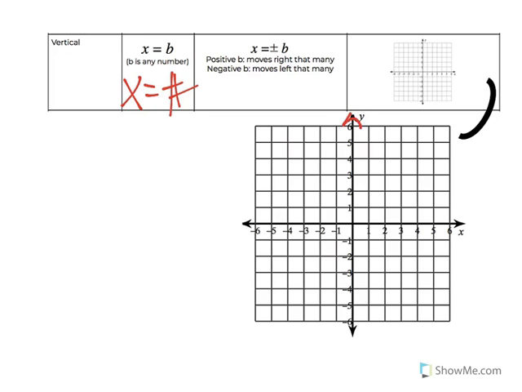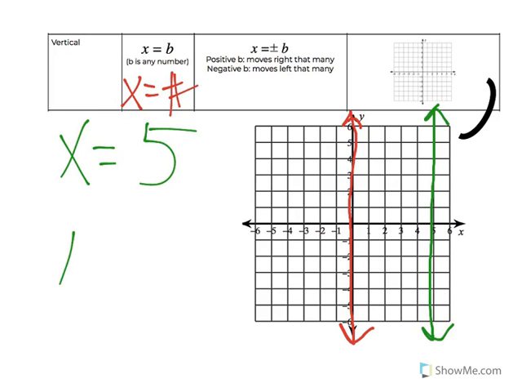So your general graph for this would be a vertical line in the middle. So if we had x equals 5, then that's going to shift that line 5 to the right. If we had x equals negative 2, then it's going to shift that line 2 to the left.